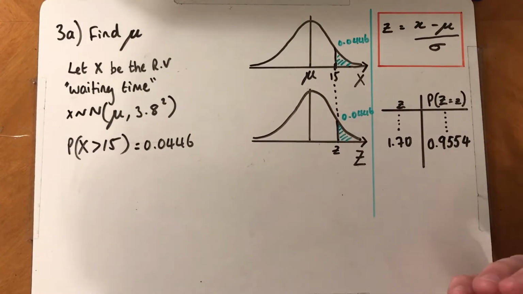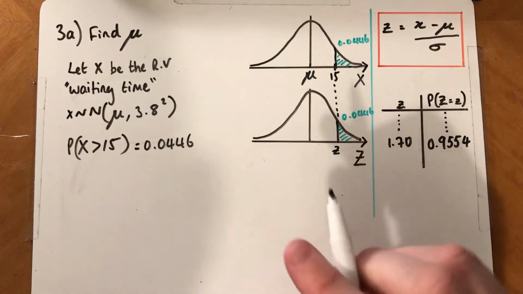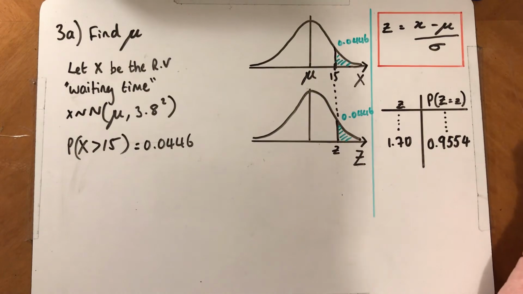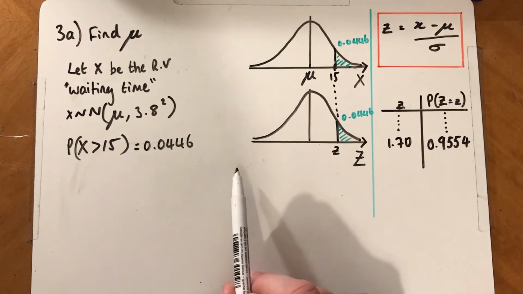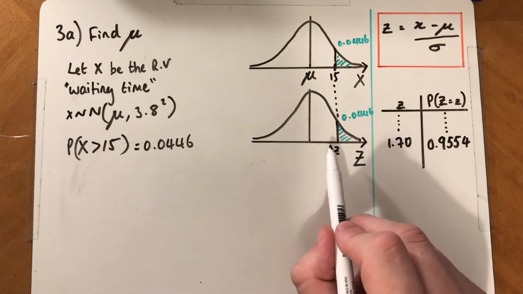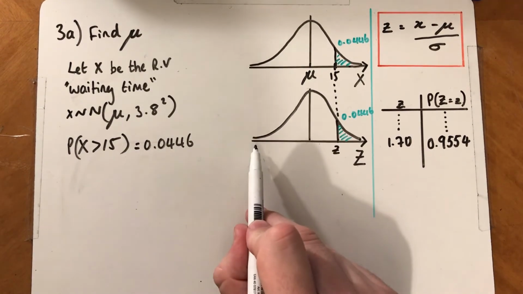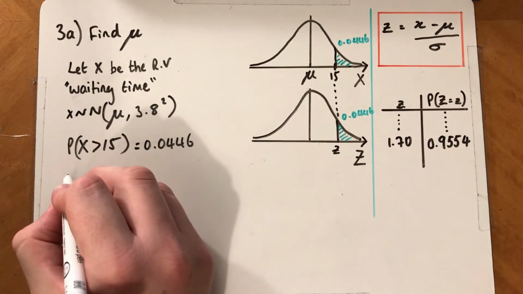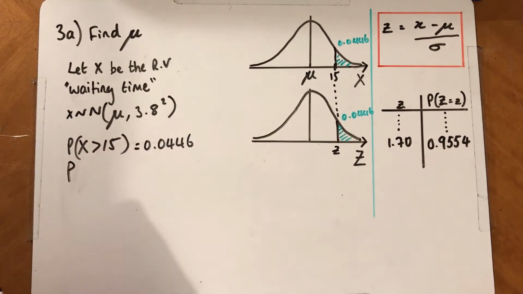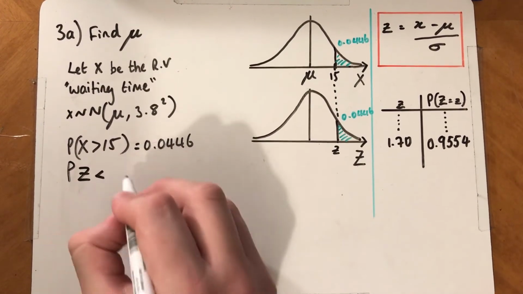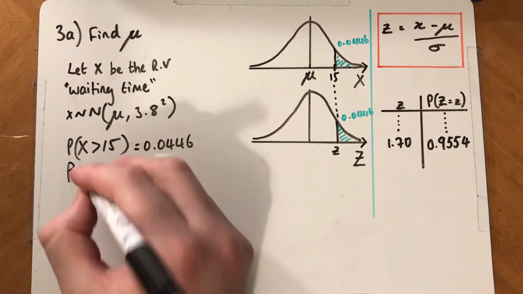For this we can use our tables, but there's one more thing we need to do before we use them, because we know that our tables always give us probabilities less than certain observed values. So what we need to do is find the probability that we are less than z.